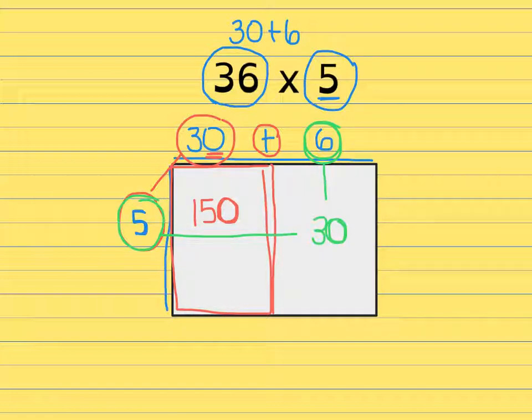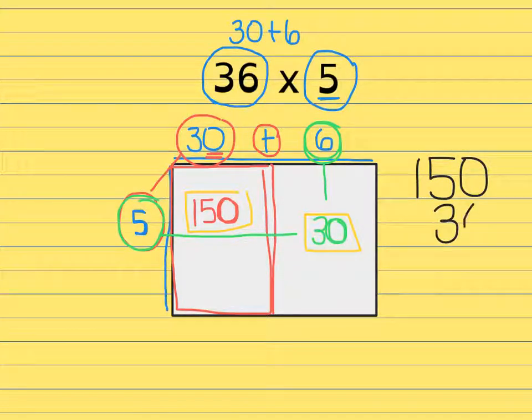Now that I've filled in my boxes with 2 numbers, I need to add these 2 numbers together, the 150 and the 30. I'm going to do it to the side of my box. 150 plus 30.